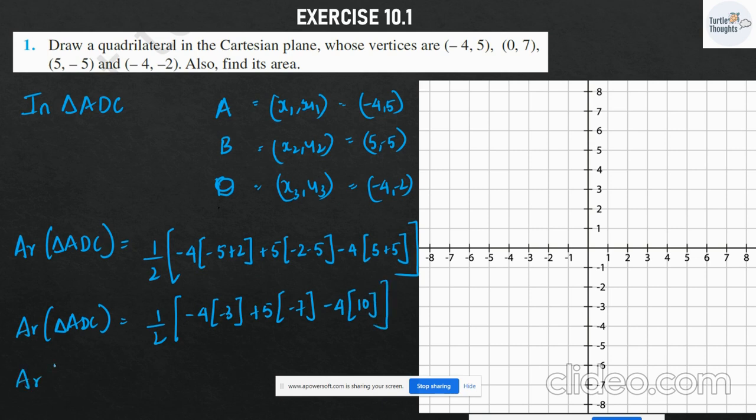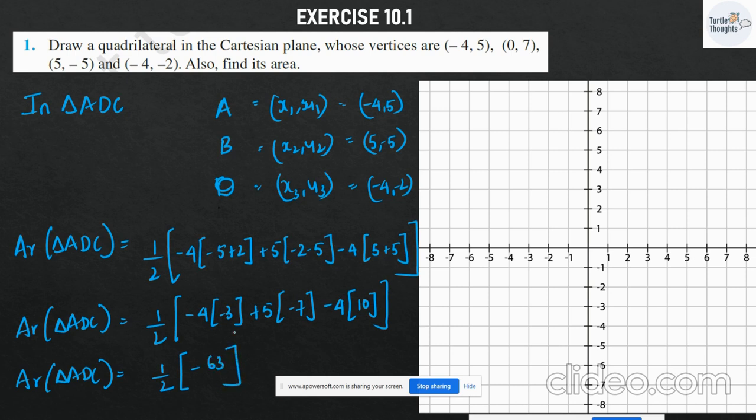So area of triangle ADC will be half multiplied by, this is minus 4 into minus 3, I'll be getting 12. Plus 12, here 5 into minus 7, so it is 35, minus 35 and minus 40, it is minus 75, minus 75 plus 12, it is minus 63.